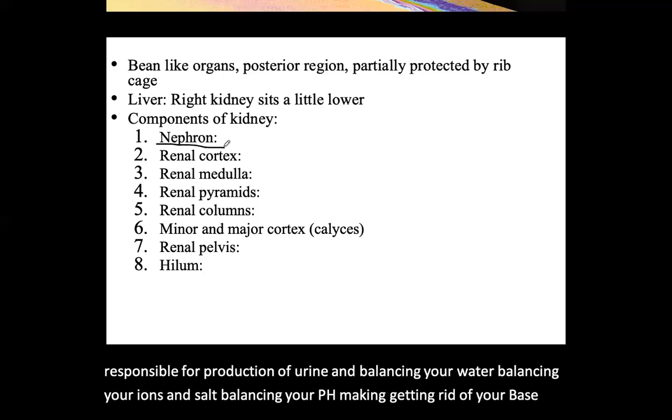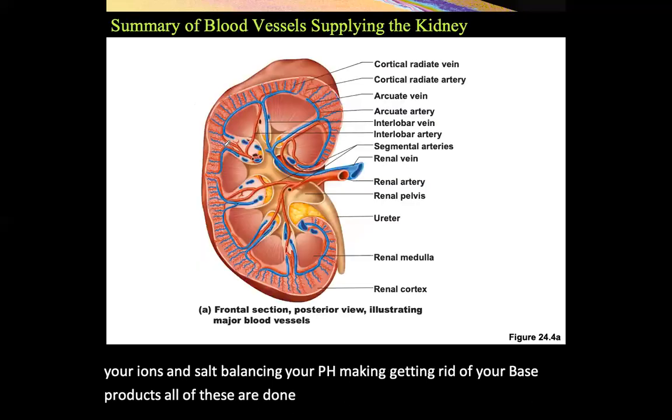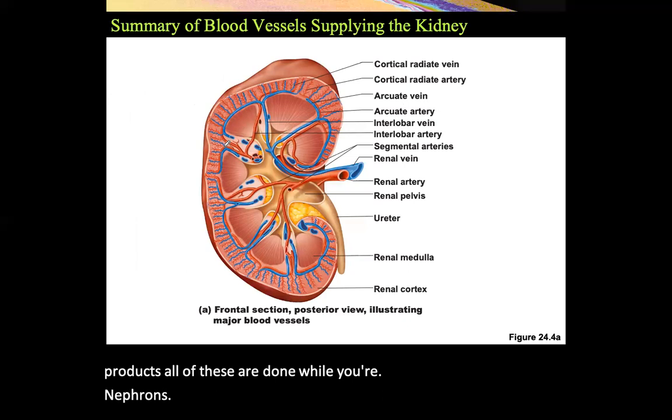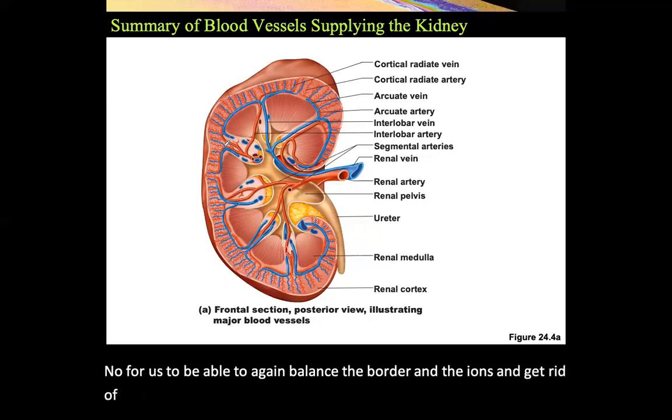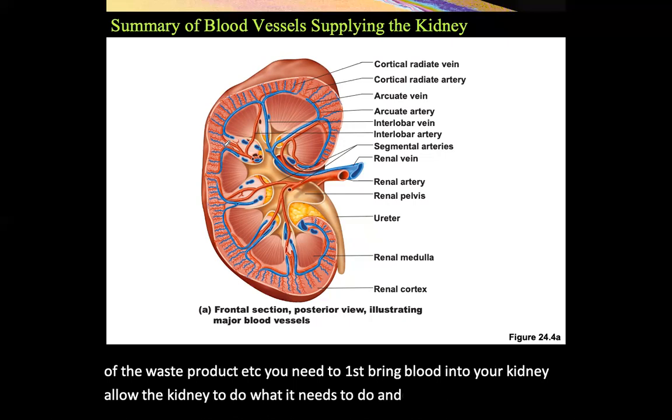All of these are done by your nephrons. Now, for us to be able to balance the water and the ions and get rid of the waste product, you need to first bring blood into your kidney, allow the kidney to do what it needs to do, and then take the filtered, clean blood away from your kidney.